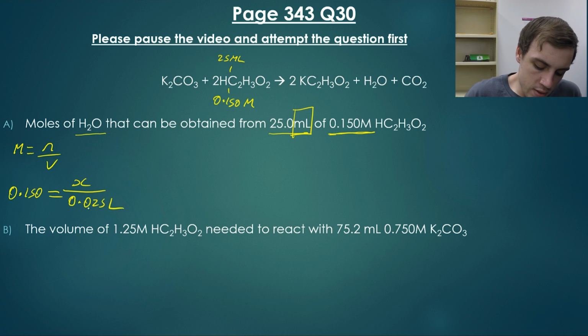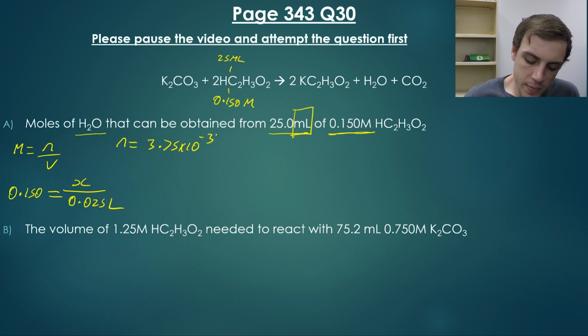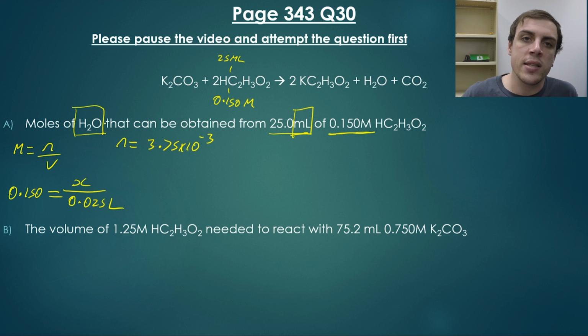Now we move this around so that we multiply them together, meaning that the total number of moles is equal to 3.75 times 10 to the minus 3. Now, we want to find out how many moles of H2O. So this is going back to our previous module, and we need to look at the ratios between these two compounds and take the coefficient into account.